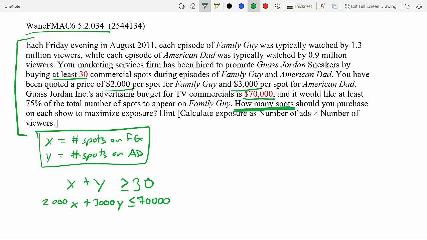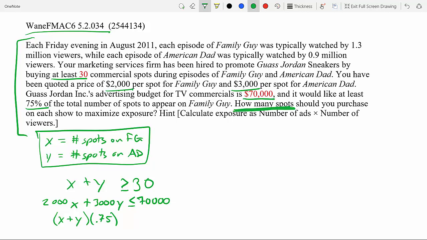Lastly, the company would like at least 75% of the total number of spots to appear on Family Guy. So 75% of the total number of spots, that's X plus Y times 0.75. So we need at least this amount.